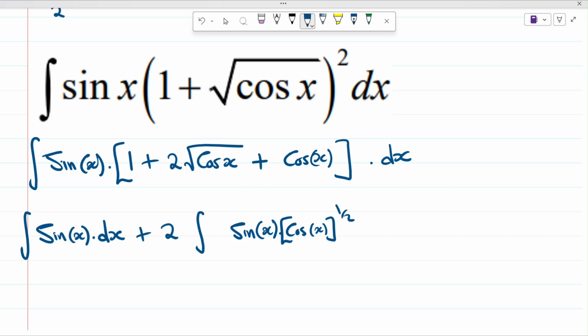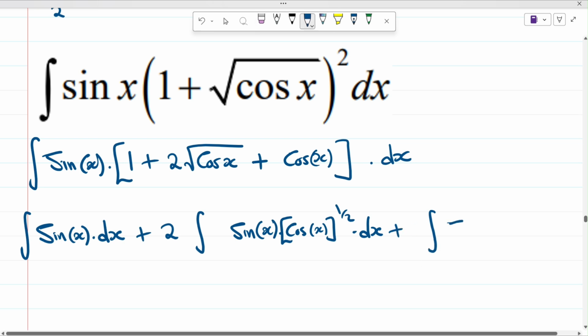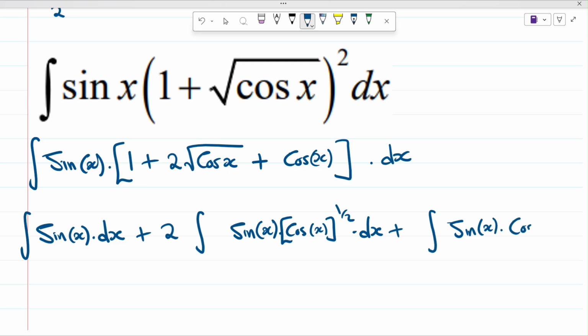I changed the root to half, because I can see what we are supposed to do already to this question. And then I multiply sine again with the last term, which is cos there. So this is going to be plus the integral of sine of x cos of x dx, just like that.